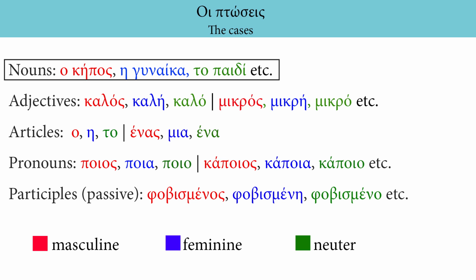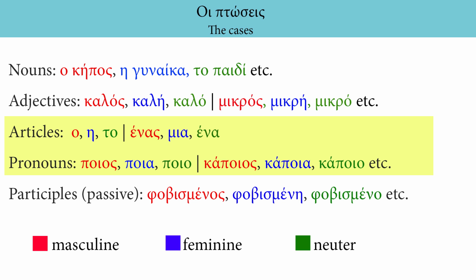As you may already know, in Greek the declinable words have not only cases but also different genders. A noun can be masculine, feminine or neuter, and adjectives, pronouns, articles and participles have all 3 genders in order to be able to accompany any noun. The articles and the pronouns have their special way of declension each.